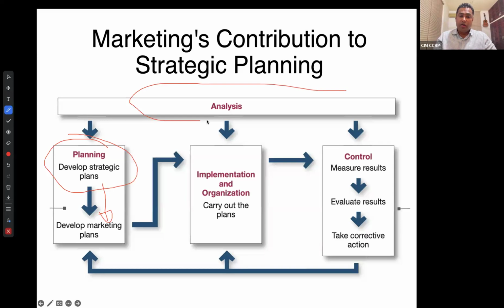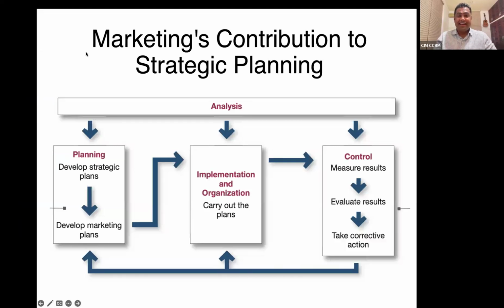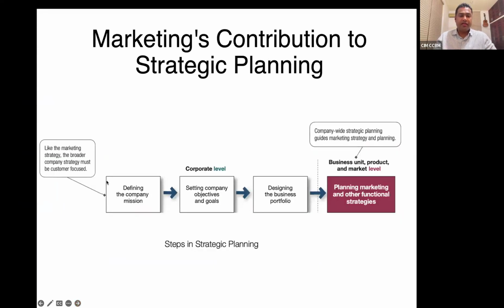You undertake a lot of analysis, then do the strategic plan, then develop your marketing plan, and then you implement through sales, through operations. You carry out the marketing plan, and then finally you control the marketing plan, right? You don't need to study this, but it's just a graphical illustration by Philip Kotler, the godfather of marketing, in his book on marketing's contribution to strategic planning.